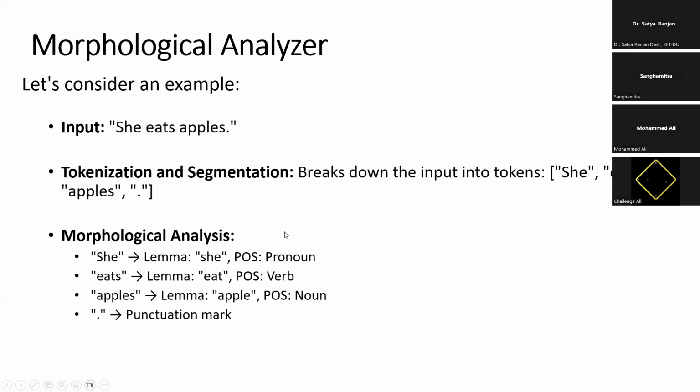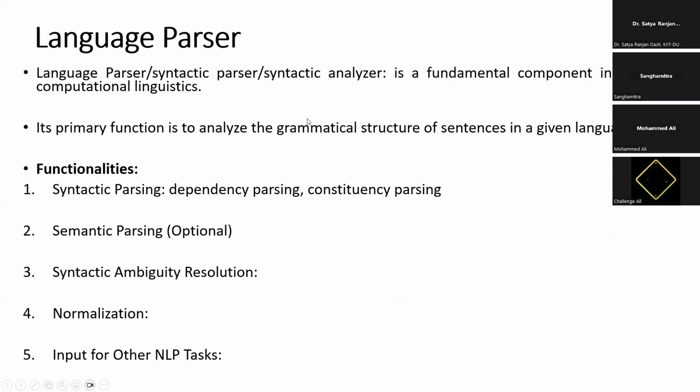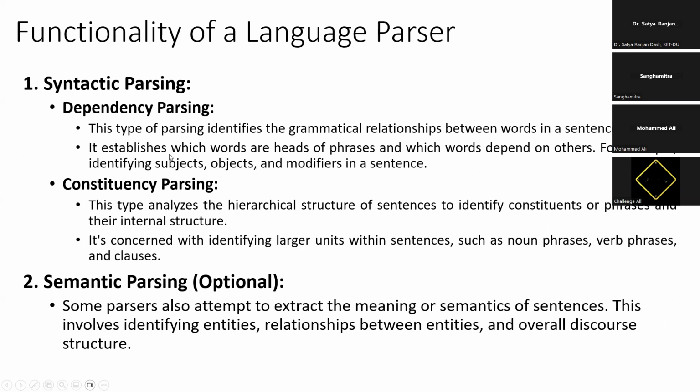So what will this parser do? Basically, the parser will analyze the grammatical structure of the sentences in a given language. It will do a lot of different types of parsing. For example, the parsing may be syntactic parsing. Syntactic parsing again can be dependency parsing or constituency parsing.